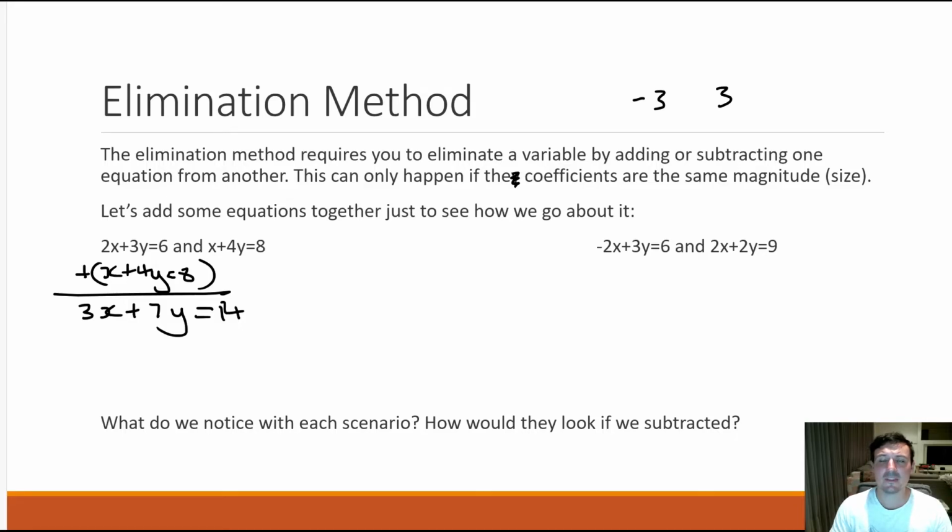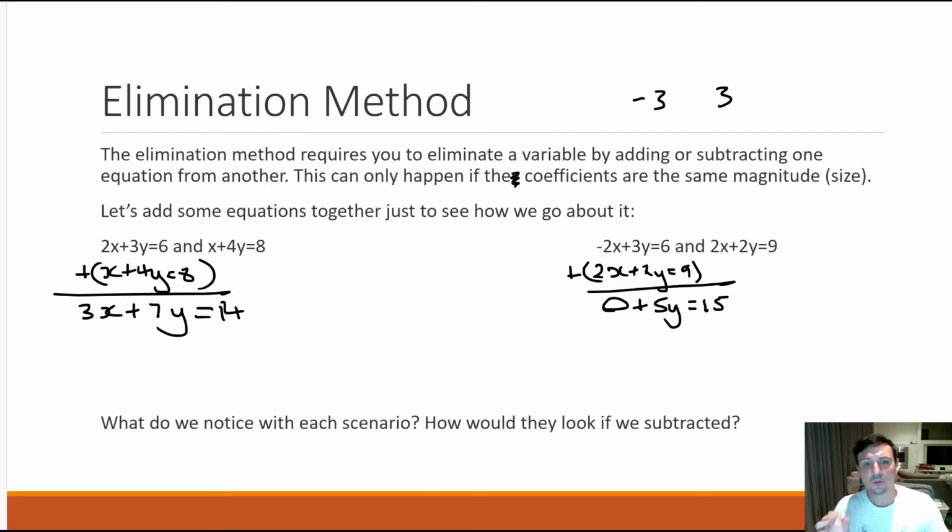I'm going to do the same thing with the second lot of equations here. So we've got 2x plus 2y equals 9. I'm going to add them together. Negative 2x plus 2x is 0. 3y plus 2y is 5y. And then 6 plus 9 gives me 15. So in these second two equations, we have a scenario where the x's have been eliminated.